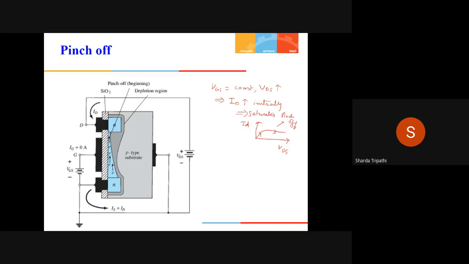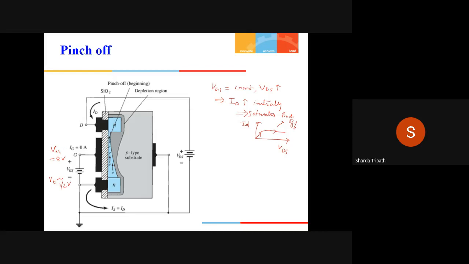So let us try to understand why this flattening of the curve is happening. For example, say that हमने VGS की value ली है 8 volts. So I'm trying to explain this by taking an example. So say we have taken VGS is equal to 8 volts. And this is well above the threshold voltage, because generally threshold voltage is on the order of like 1 or 2 volts.